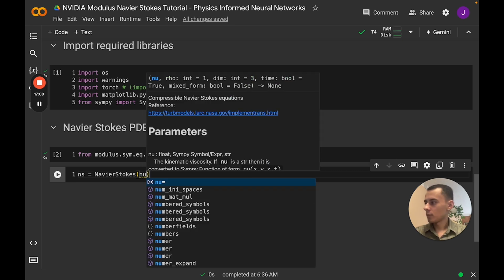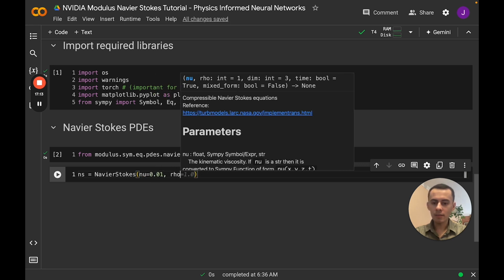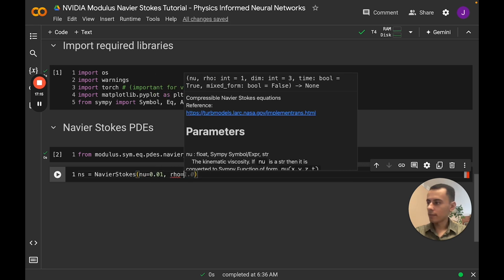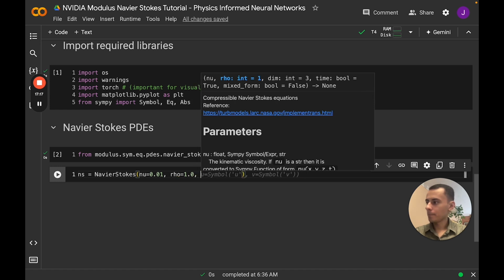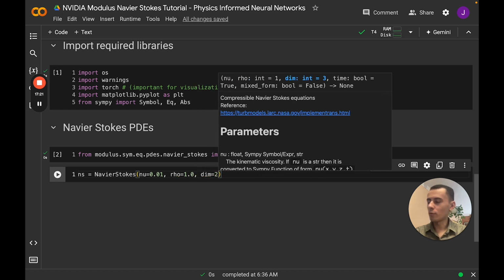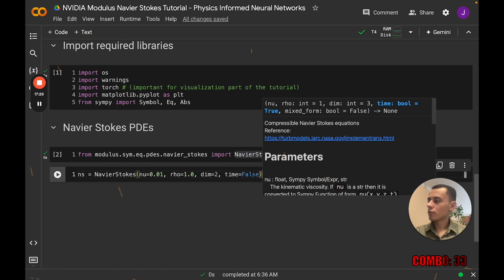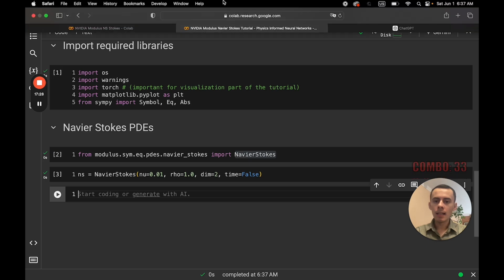Nu, which is a famous parameter of the Navier-Stokes equations. Rho, which is another parameter. And dimension 2, we're working in 2 dimensions. It's a steady state problem, so time is going to be false.